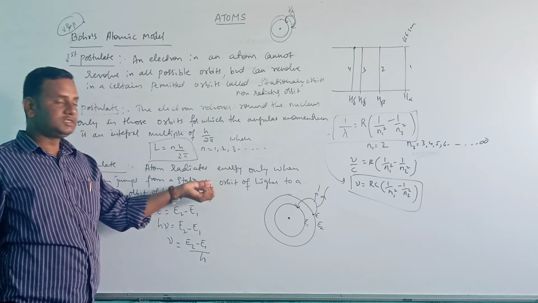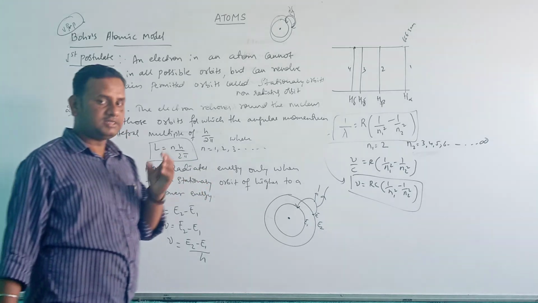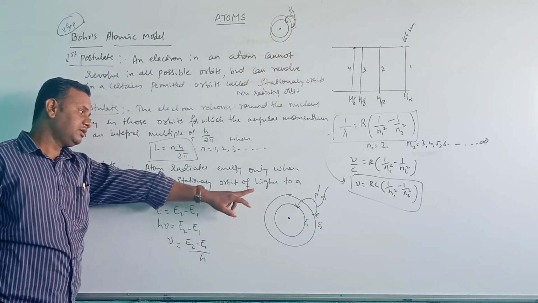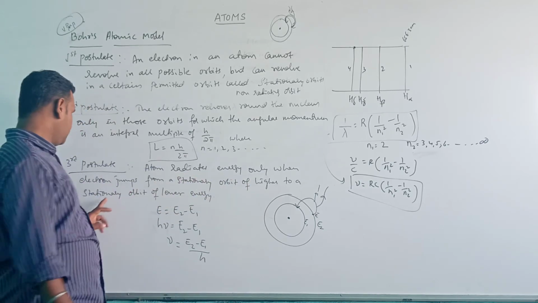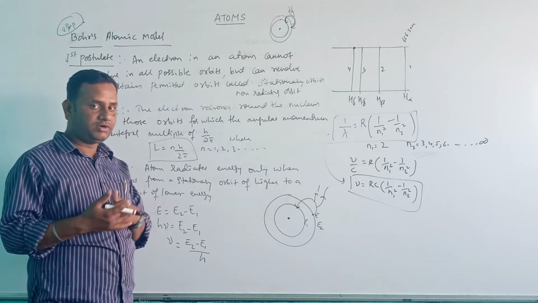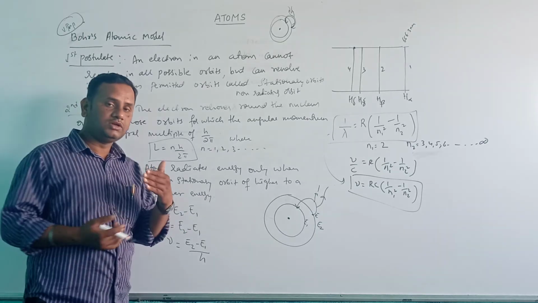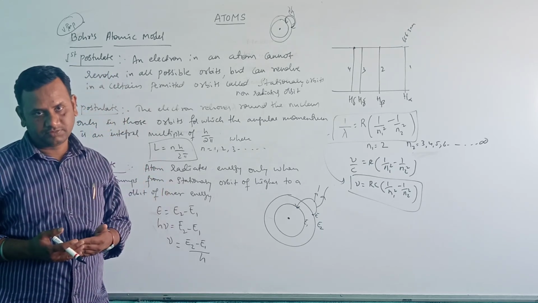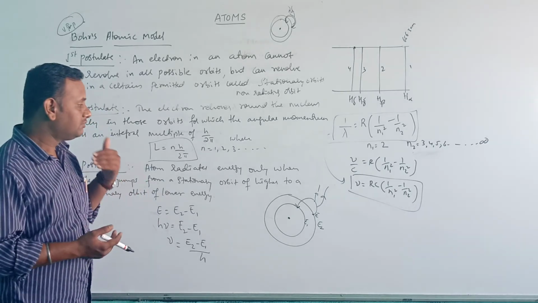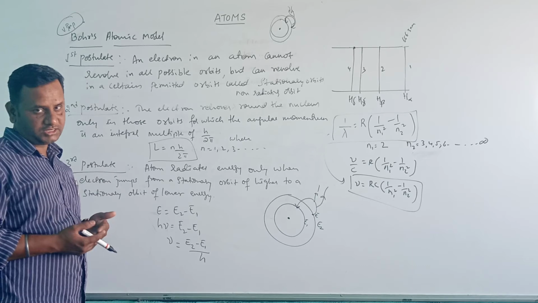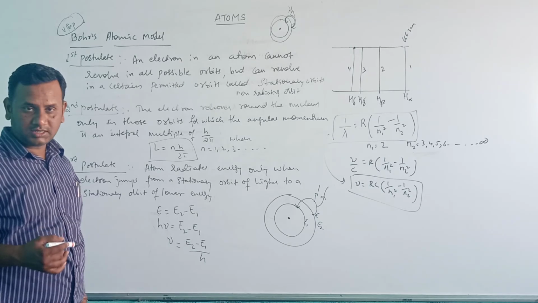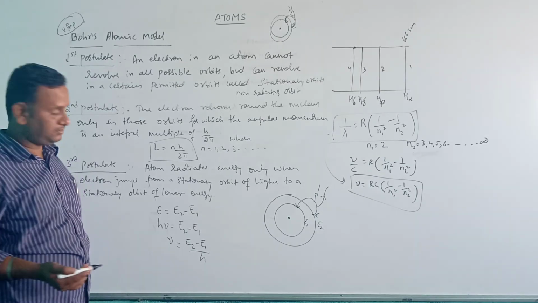The atom radiates energy only when an electron jumps from a stationary orbit of higher energy to a stationary orbit of lower energy. During this transition the electron emits radiation in the form of a photon. The energy of the emitted photon is equal to the difference between the initial and final energy states.